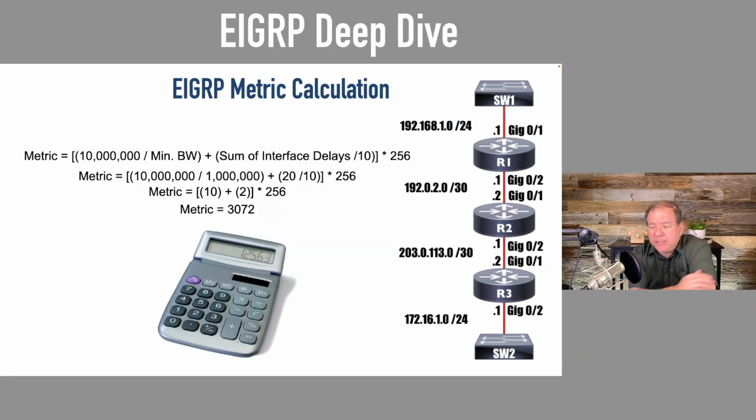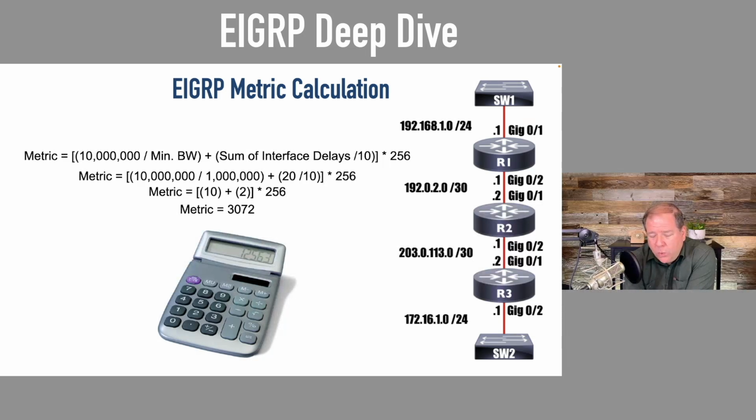And here's an example. Let's say that we're sitting on router R3, and I'm wanting to see what the cost or the metric would be to get up to that network between R1 and SW1 at the top of the screen, the 192.168.1.0. What I would do is I would find the bandwidth of the weakest link. Now, right now, everything is a gig link.